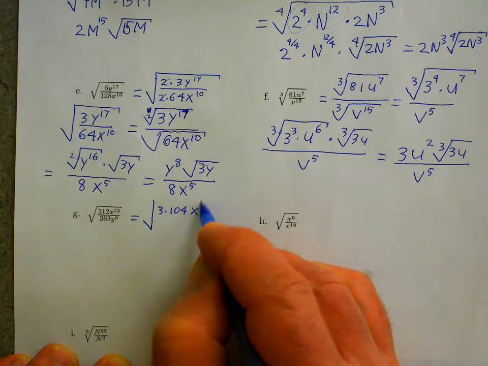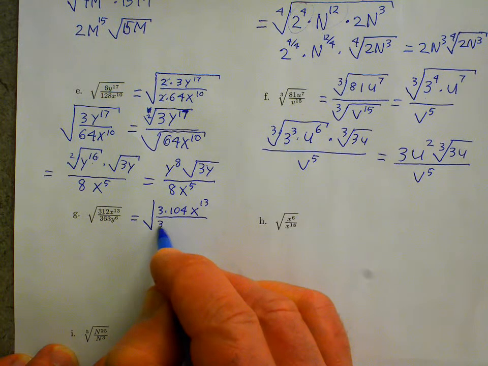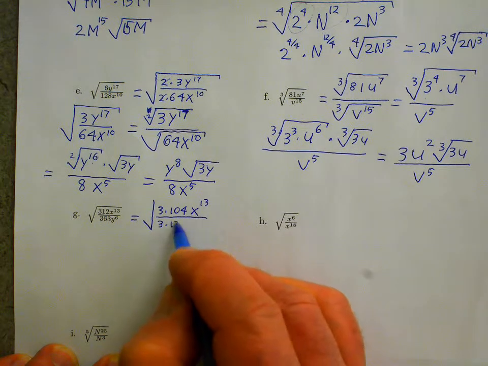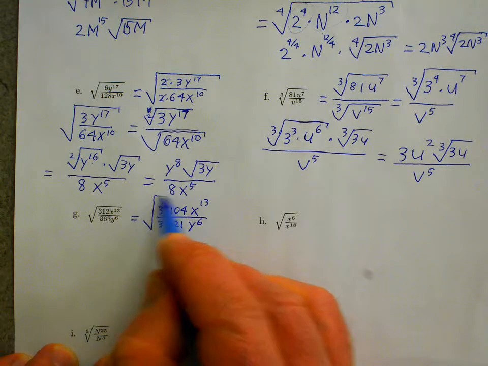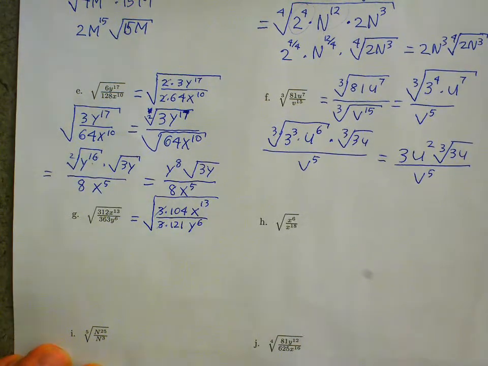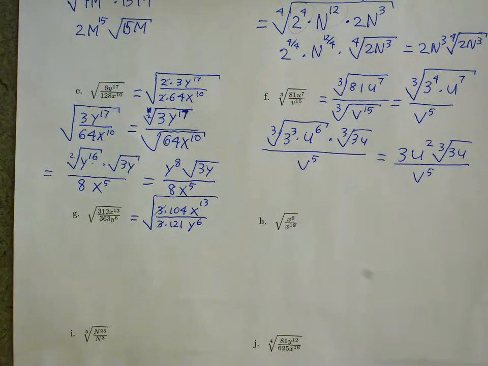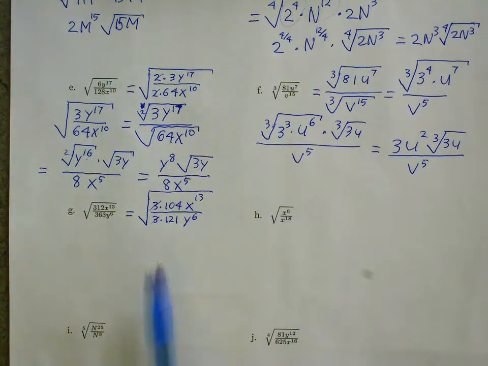times x to the 13th over 3 times 121 y to the 6th. And then 3 divided by 3 is 1, so those factors cancel. And what do you notice?